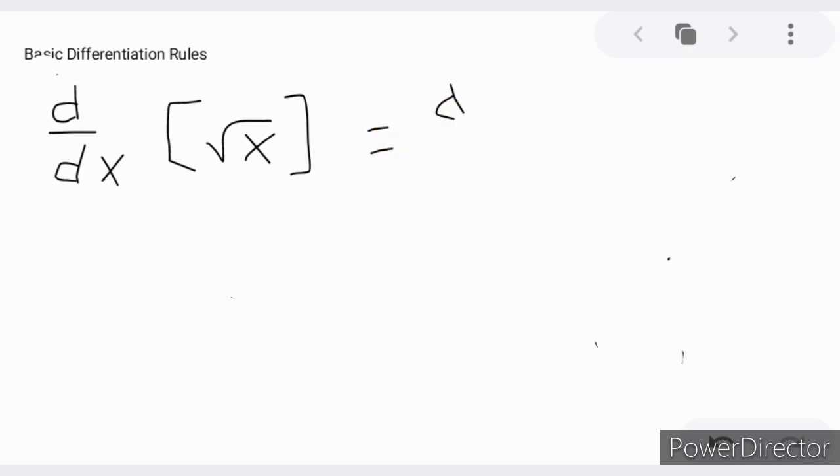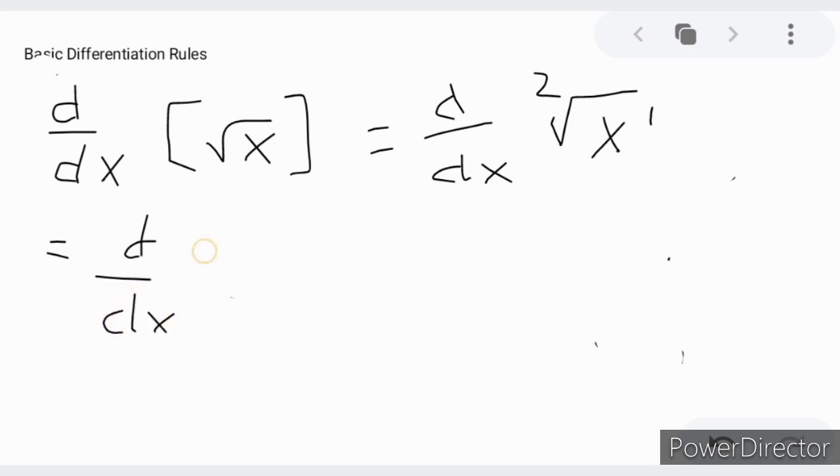As we all know, the radical sign here in our example, we can also rewrite or imagine that x has exponent 1 and a 2 outside because it is a square root. So we can rewrite that radical sign into exponential form, which is x raised to 1/2. And if we get the derivative, the n here is 1/2 times x raised to 1/2 minus 1.